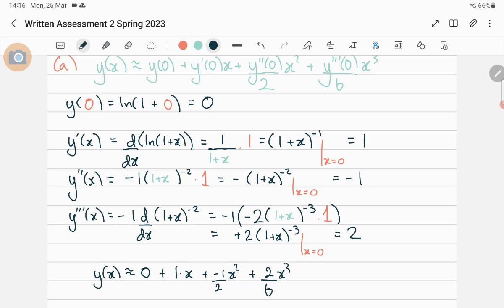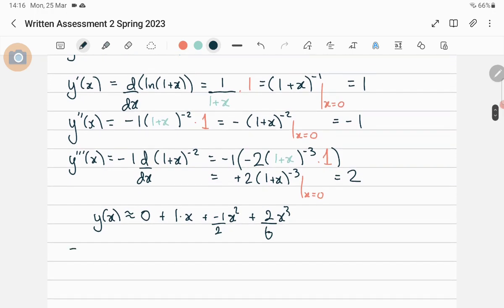If I tidy that up a little bit, I get a nice presentation of my answer. Log of 1 plus x: 0 does nothing, 1 times x is x, and I get minus a half. Adding a negative is subtracting. Minus a half x squared, and 2 over 6 is a third, plus 1/3 x cubed.